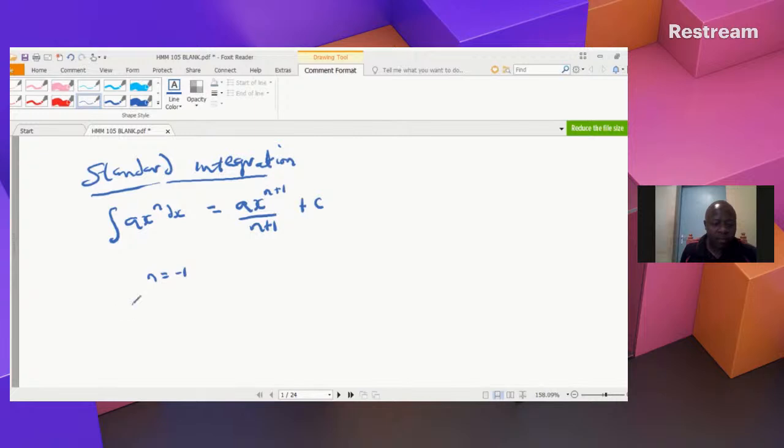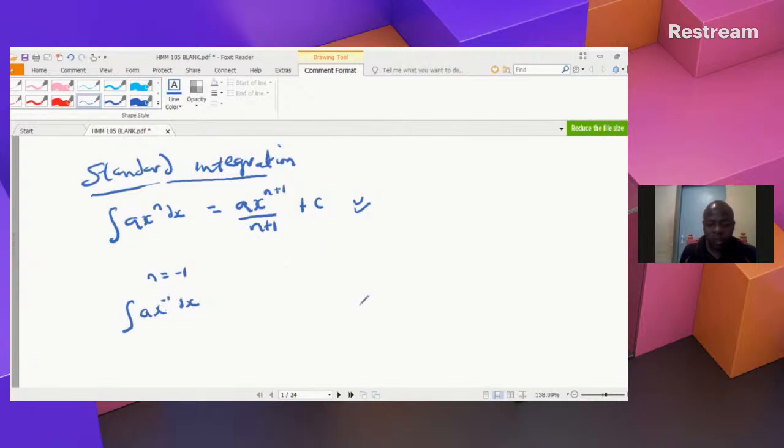For instance, if you're given x raised to -1 dx, then this rule will not apply, because if you were to add 1 to -1, you would get 0 and then divide by 0. We know that we should not divide by 0 at any given time. So this rule will not apply to integrals of this form where n is -1.